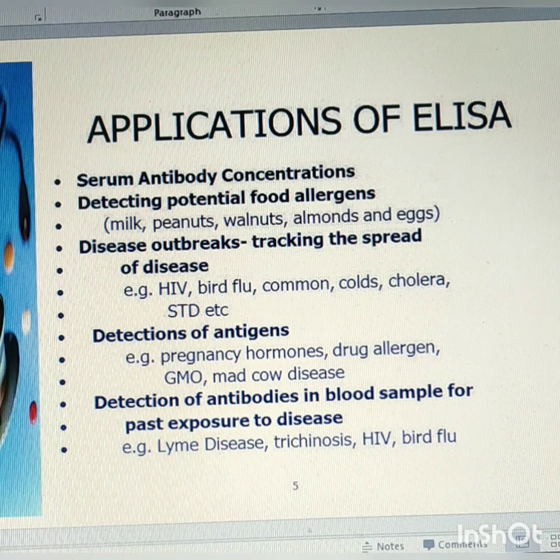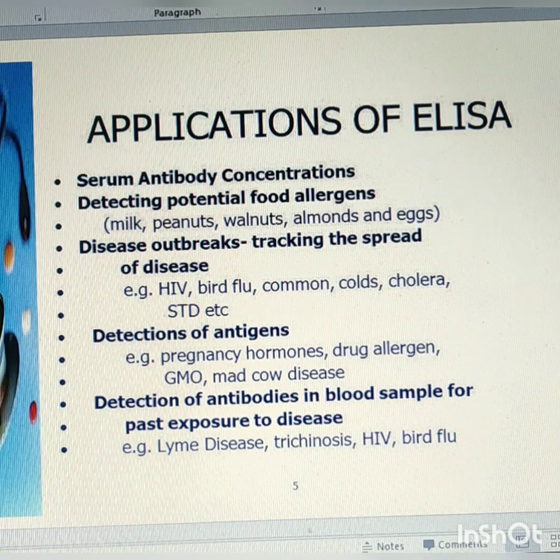Disease outbreaks are tracked by the ELISA, or tracking the spread of the disease is done by ELISA. The antigen detection, that is drug allergen, mad cow disease allergen, is detected by ELISA.